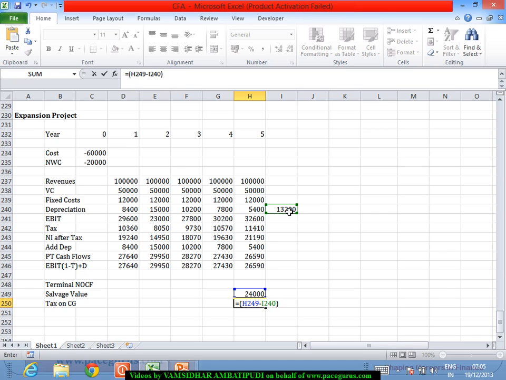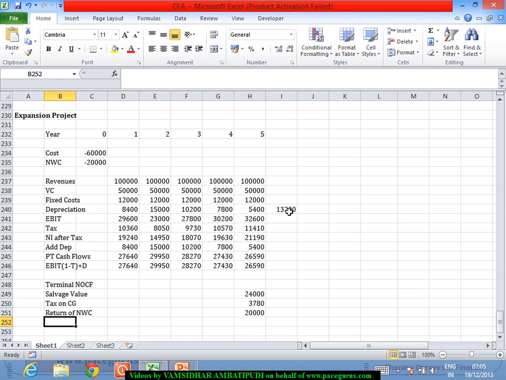Whereas if the salvage value is more than the book value, I have to pay additional tax on the gain at the end of the period. So the difference between these two is the capital gain, and on top of that I am paying 35%, which adds up to the tax on capital gain. And obviously in this case the return of net working capital will happen, to the extent of 20,000 bucks, right?